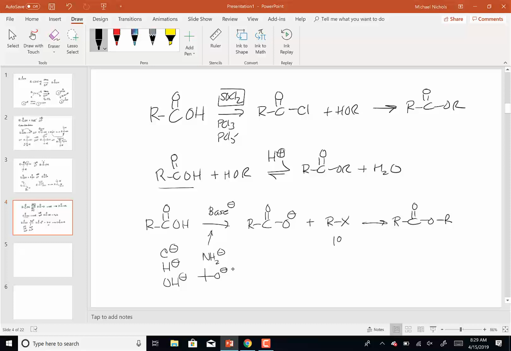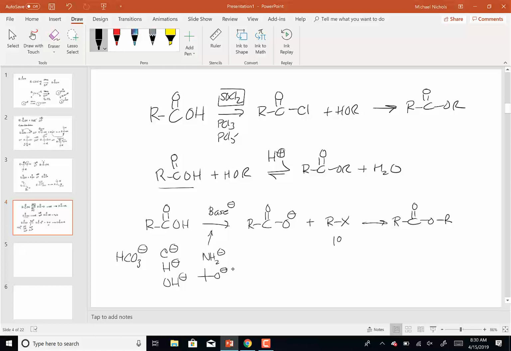And what else? What base did I just mention? I think I mentioned it. Because carboxylic acids are fairly strong acids, so it doesn't take a really super strong base to do this. How about bicarbonate?